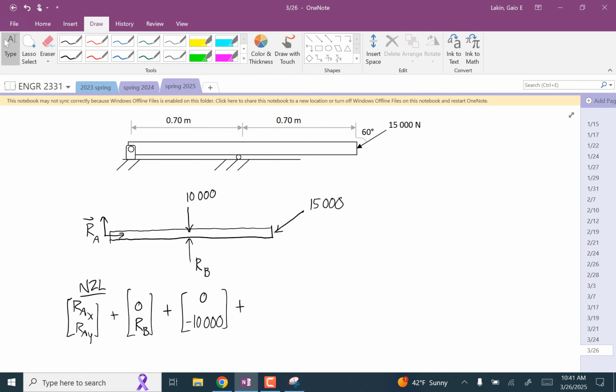So this is negative 12,990.4 and negative 7,500. And this is equal to zeros.